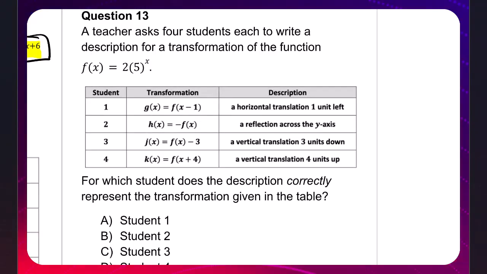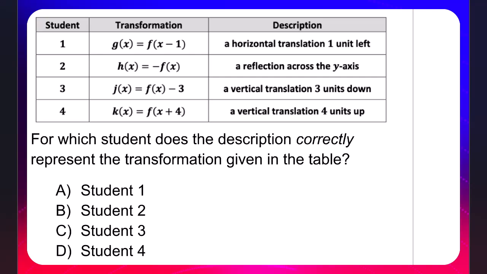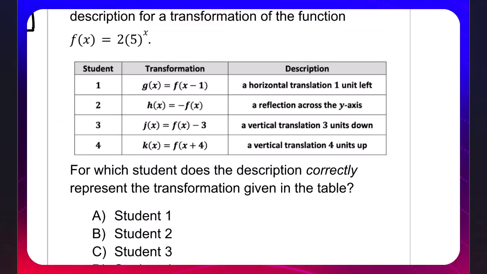So question 13 is great if you're really good at transformations. What it does, though, is it shows the transformation using function notation. And function notation is generic for any function, so it really doesn't matter what function they give you at the beginning. You can kind of tell right here when it says x minus 1, if you're taking away from x, that means you're moving it to the right.